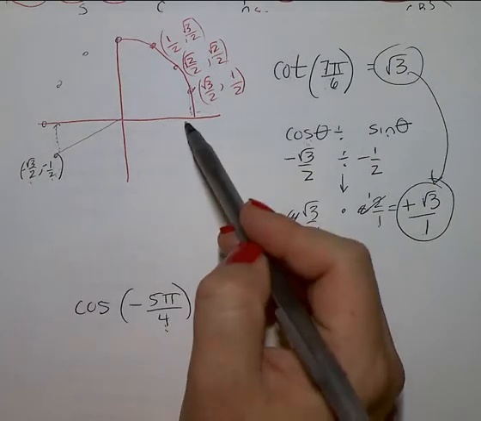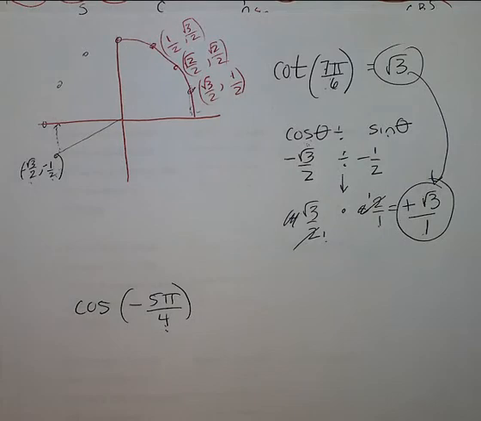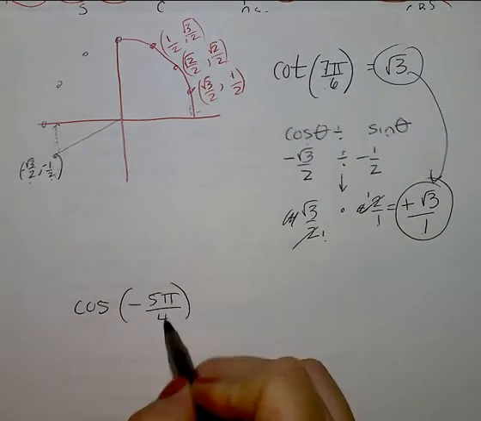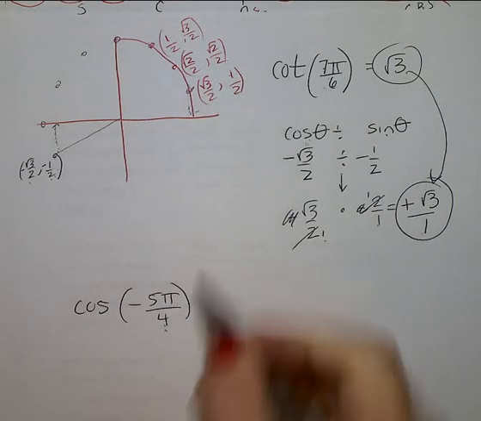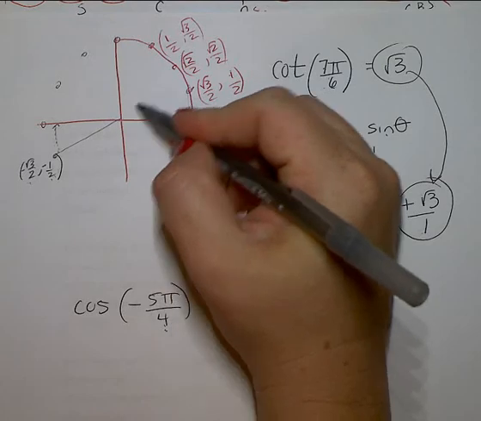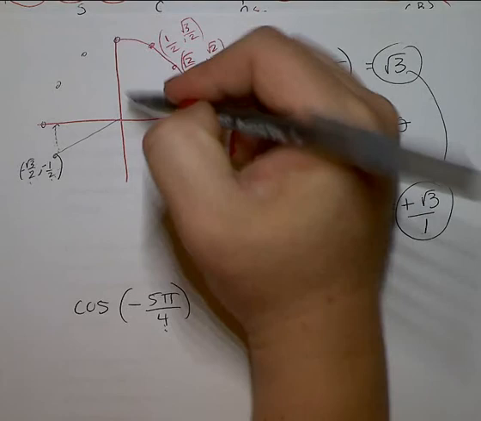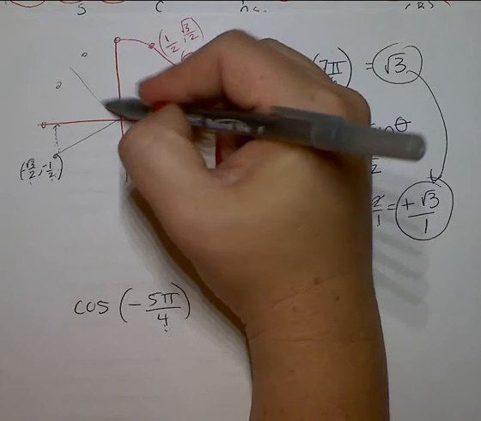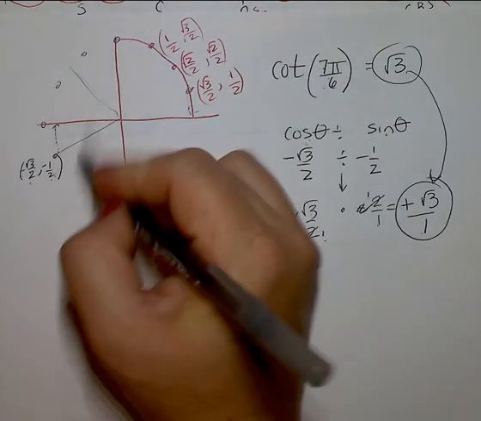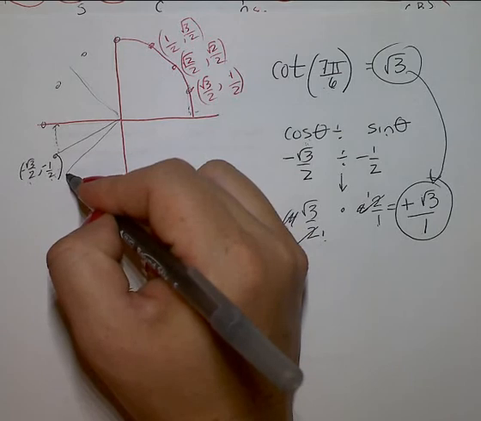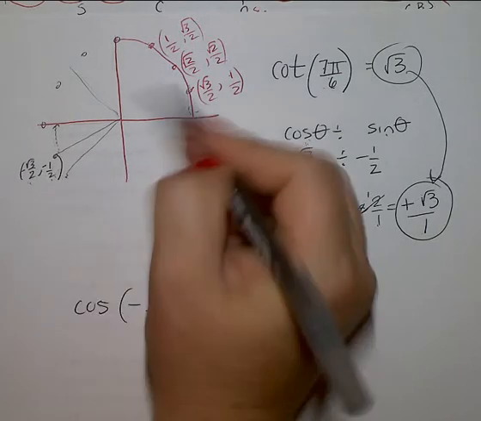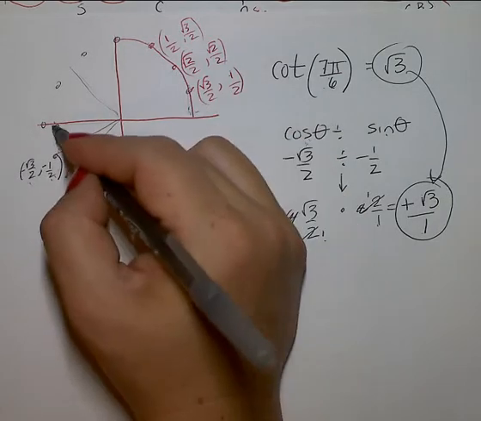I got to first go, forget about the negative, where would I find 5 pi over 4? So I know I'm going with the 45-degree angles. Okay, so I'm going to count by 4s. 1 over 4, 2 over 4, 3 over 4, 4 over 4, 5 over 4. Yes, this is where 5 pi over 4 is. I went half of a circle plus an additional 45 degrees.